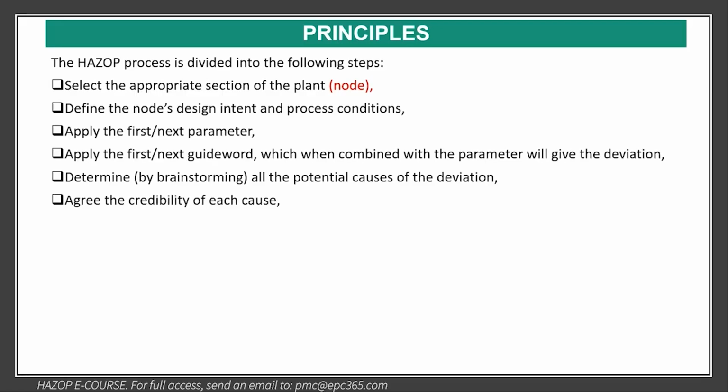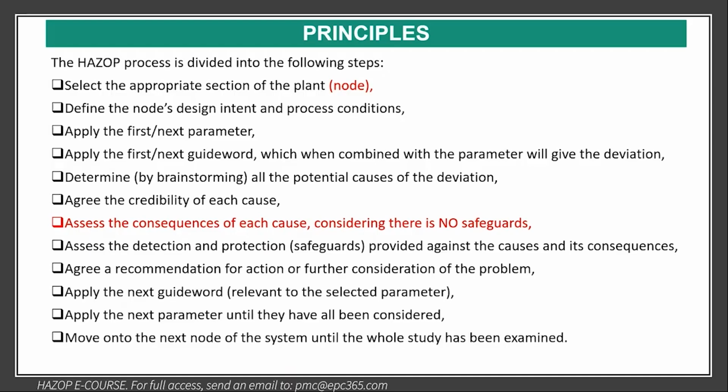When the node is defined, then we apply the parameters, first parameters, and then use the guide words and determine all potential causes and agree the credibility of each cause. Then we have to pay attention to the consequence of each cause, normally assuming that there is no safeguard, and then assess the detection and protection safeguards, and then agree the recommendation, and then record.